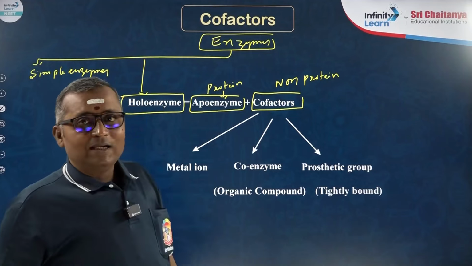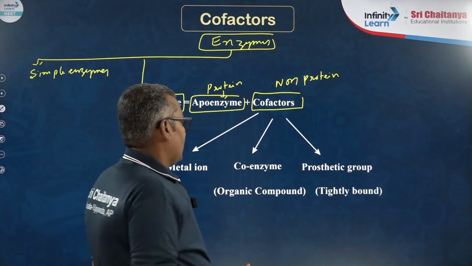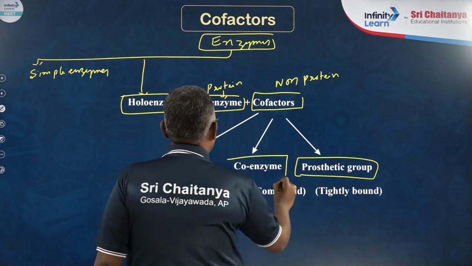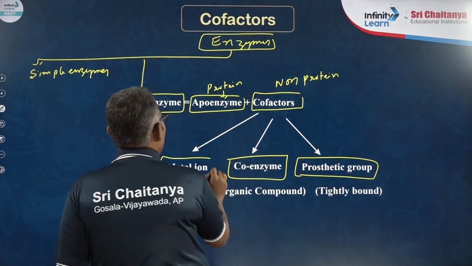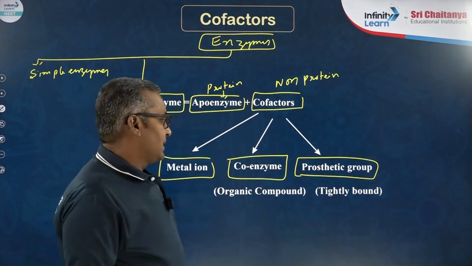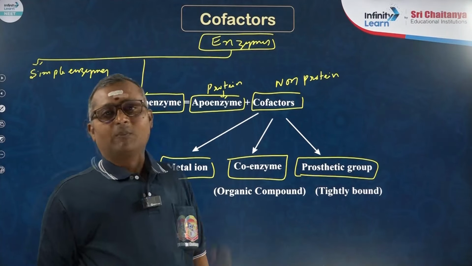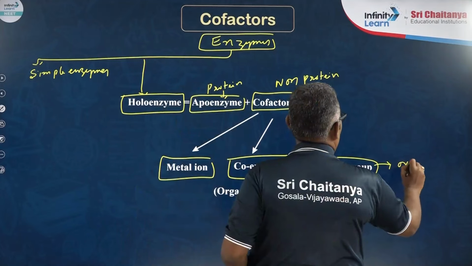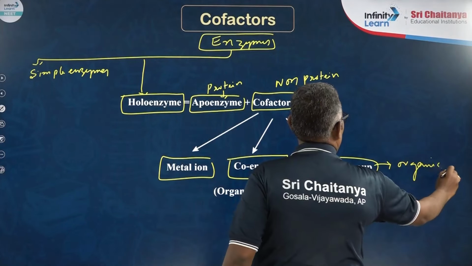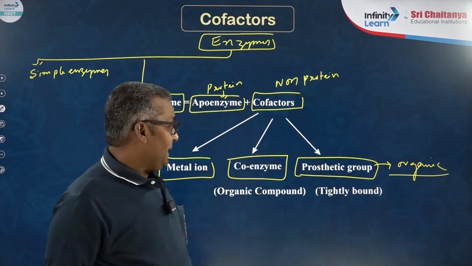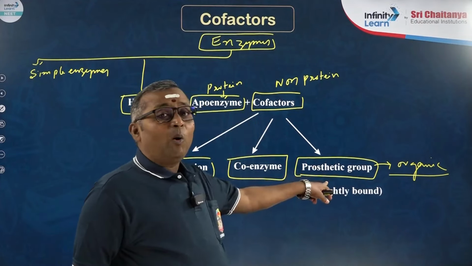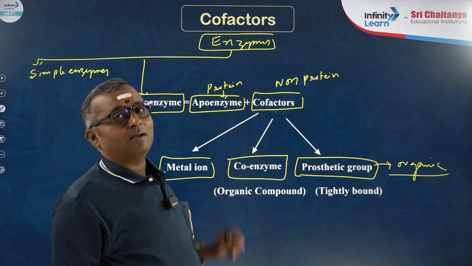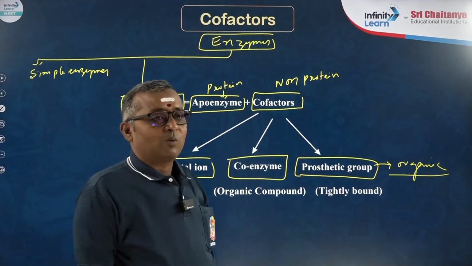These cofactors are basically of three types: prosthetic groups, coenzymes, and metal ion cofactors. Let us first talk about the prosthetic group. A prosthetic group is an organic cofactor which binds tightly with the apoenzyme of the enzyme. That is the importance of the prosthetic group.